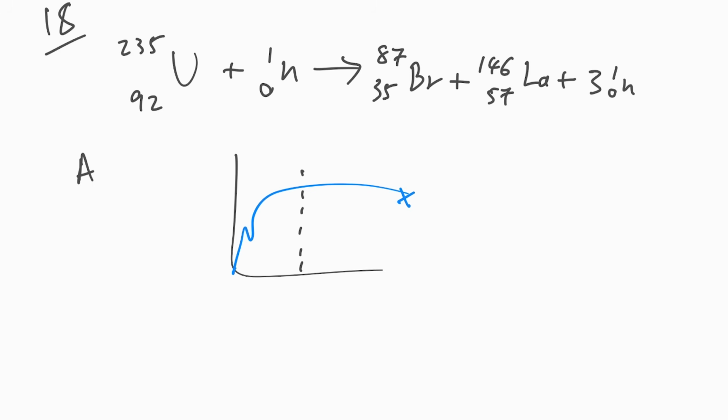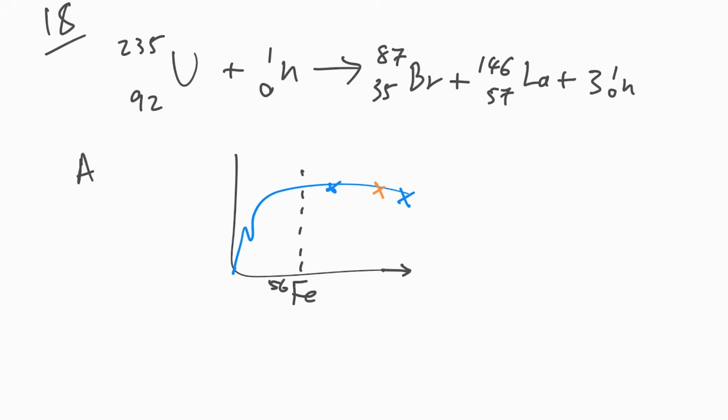Okay, well, if you have our graph here, we know the isotope that has the highest binding energy per nucleon is iron 56. And so it stands to reason that if bromine 87 is like here or something, then it's going to be closer than the lanthanum, which is going to be over here somewhere.